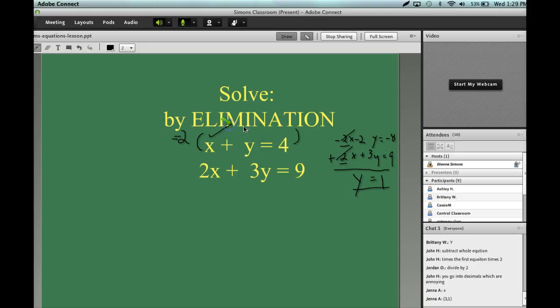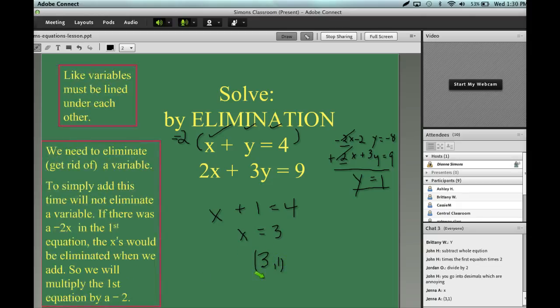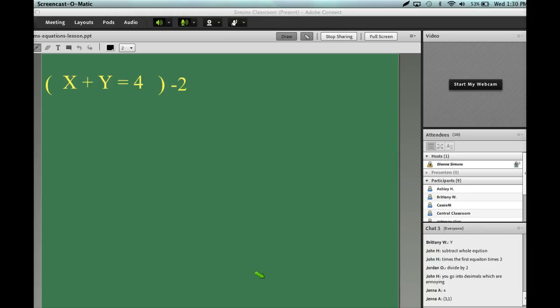Put it back in whichever equation is easiest. And personally, I would think that the top one is easier, right? So our point is 3, 1. Lined up, multiply by -2, which is what we did.